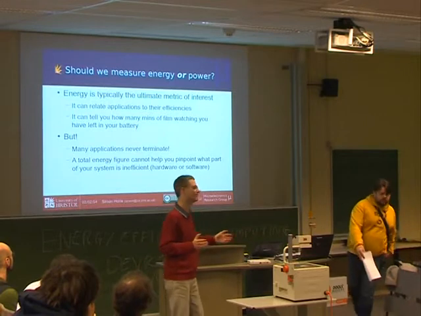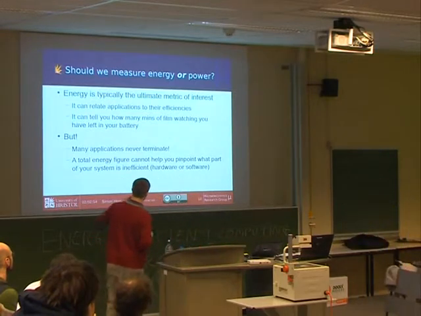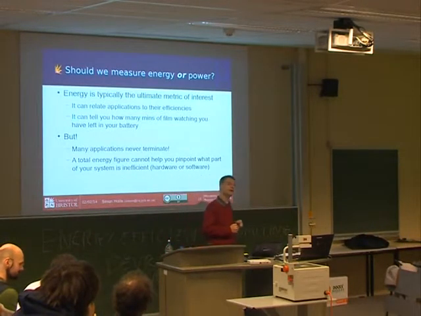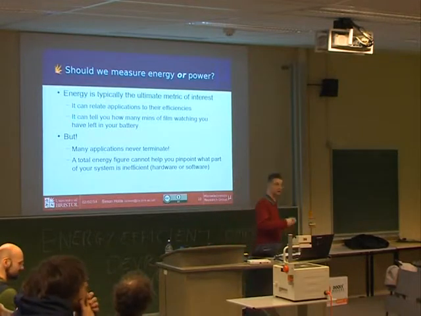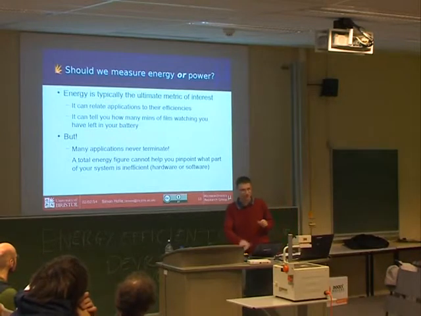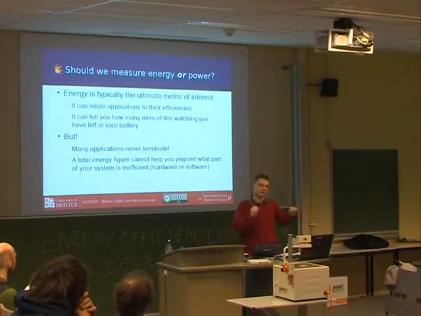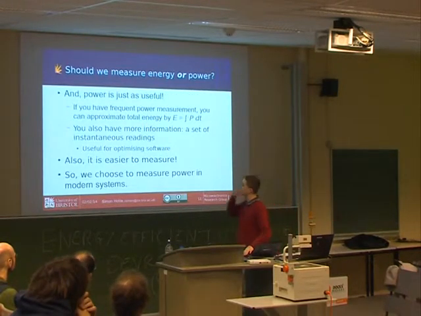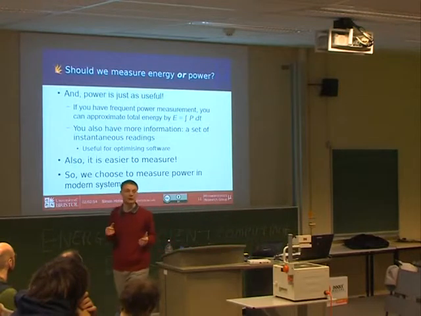So from this point of view, it actually makes more sense in systems to measure the power, since then you get an idea of what's going on right now. And you can, of course, collect the power measurements and say, this is the range I care about, do the integration on the curve, and then you know the energy of the system. So power is the thing we want to measure.